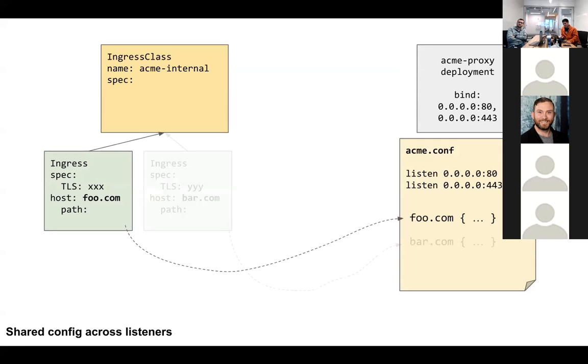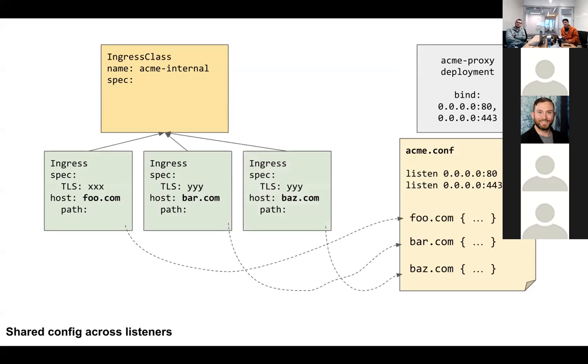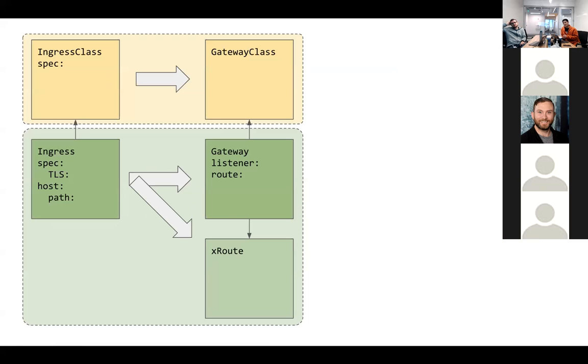And then you're going to have a bunch of ingresses that use that class that describe what the user intent is, like they want to create a load balancer that serves host foo, bar, baz, and so forth. And then these are all mapped into the proxy deployment somehow, and on the cloud side, they'll be mapped in the cloud configuration.